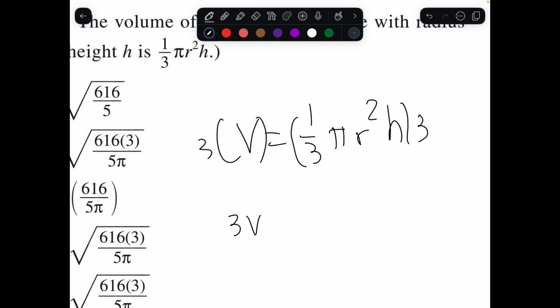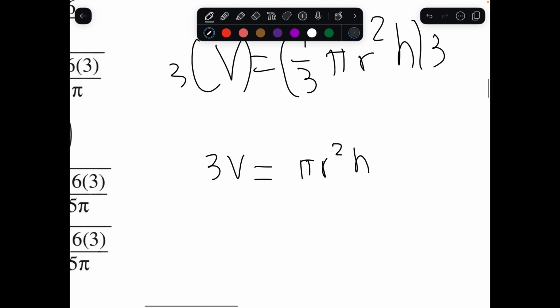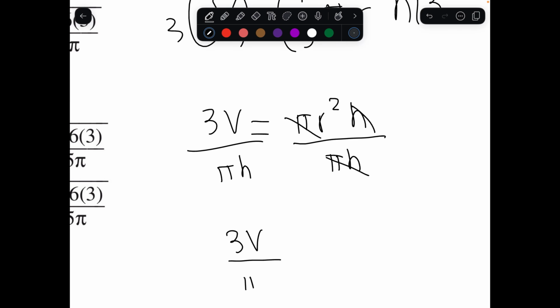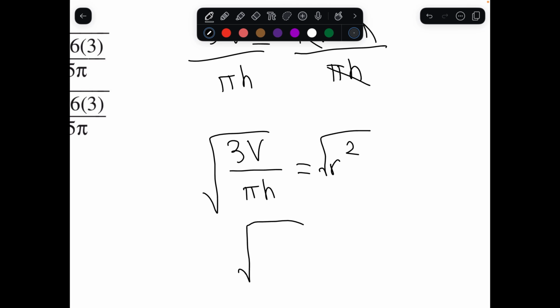So you get 3v equals pi r squared h. 3 times 1/3 is just 1. Now let's divide by pi h. So we get 3v over pi h equals r squared. And if we want to isolate r, we have to take the square root. So you get r equals the square root of 3v over pi h.